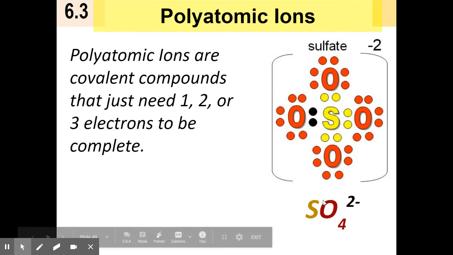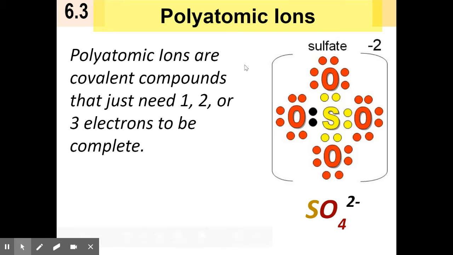SO4. In our last chapter on covalent compounds, we would have called this thing sulfur tetraoxide. But if I told you to try and do the Lewis dot structure for sulfur tetraoxide, you would find that you could not connect all the dots to make things work.